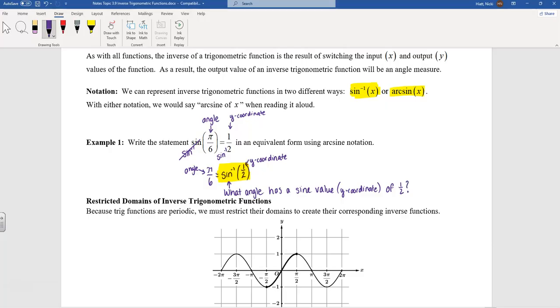So when you are doing inverse sine, you are looking for an angle. Your answer is an angle there.